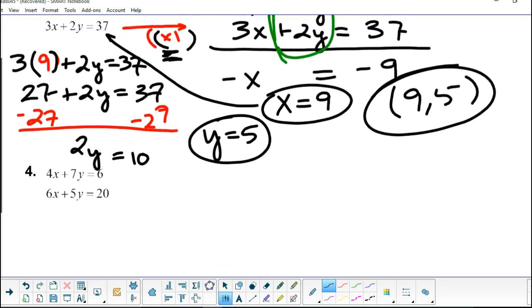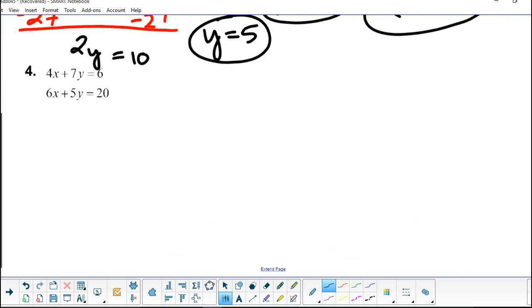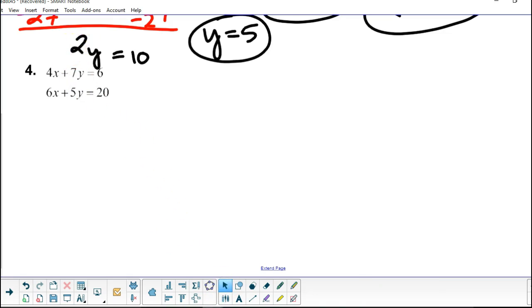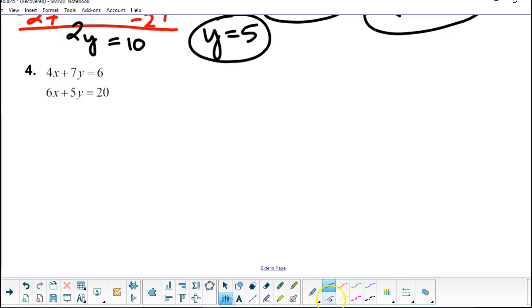Going down to the second elimination problem, which is actually number 4 in your packet, we have 4x plus 7y equals 6, and we have 6x plus 5y equals 20. As we look at this, we're going to want to find some number that we can cancel out. Now, I know 4 and 6 can both go into 12.